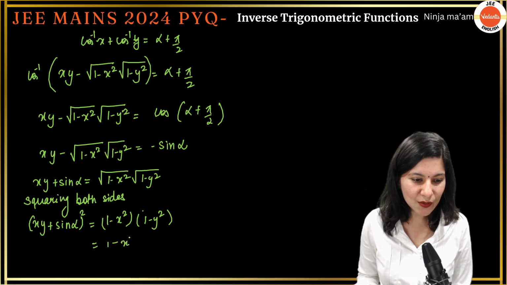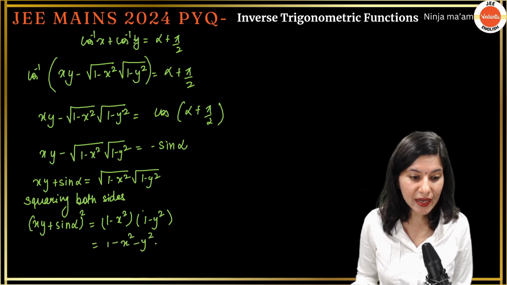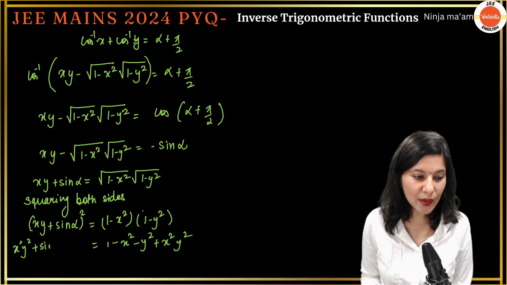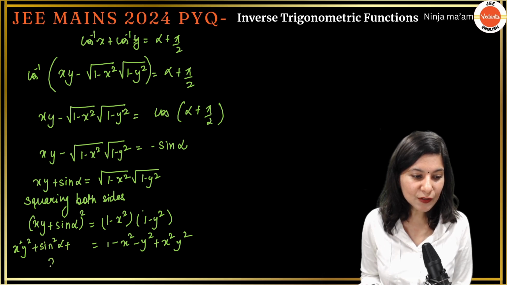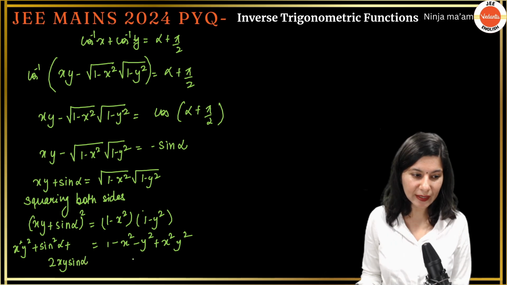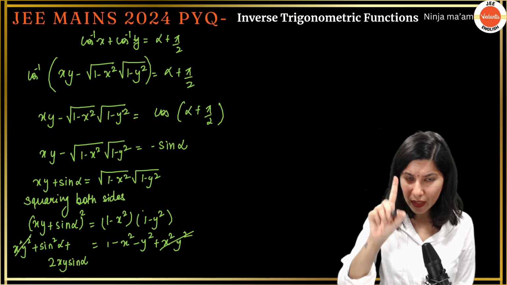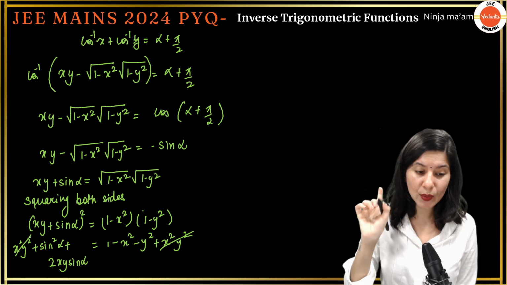1 minus x square minus y square plus x square y square is your right hand side. The left hand side becomes x square y square plus sine square alpha plus 2xy sine alpha. Correct? Obviously, from the right and left hand side, one term cancels out, which is x square y square.